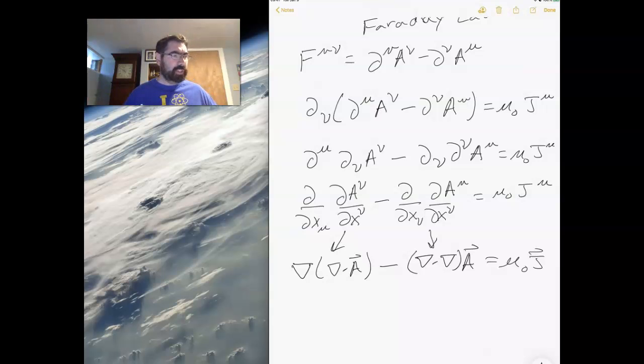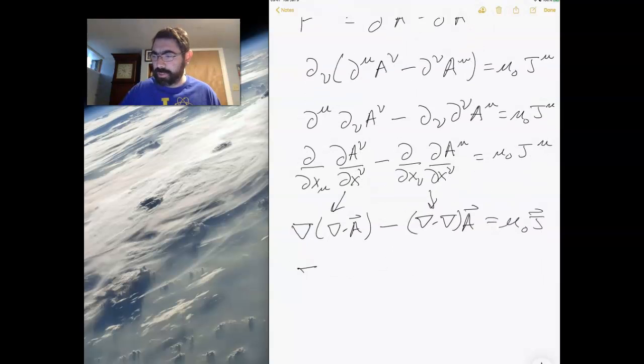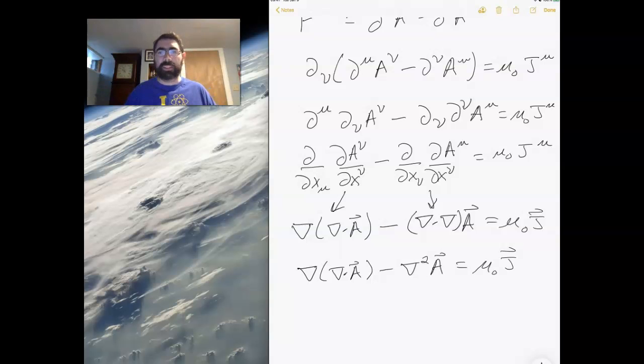That's what you would get. And that dot product of the two dels I could write as the Laplacian. So I would rewrite this as the Laplacian of the vector, like so.